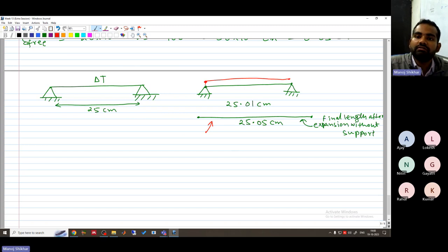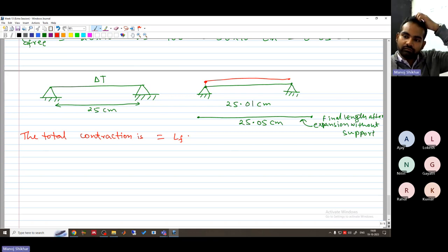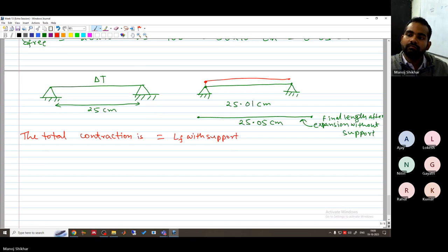So the total contraction is LF with support minus LF without support.